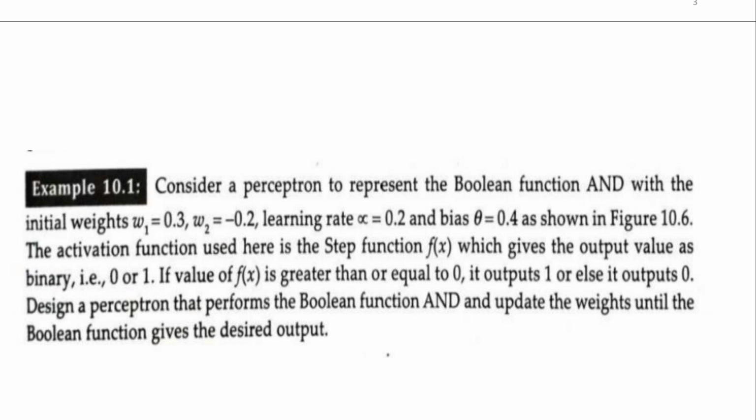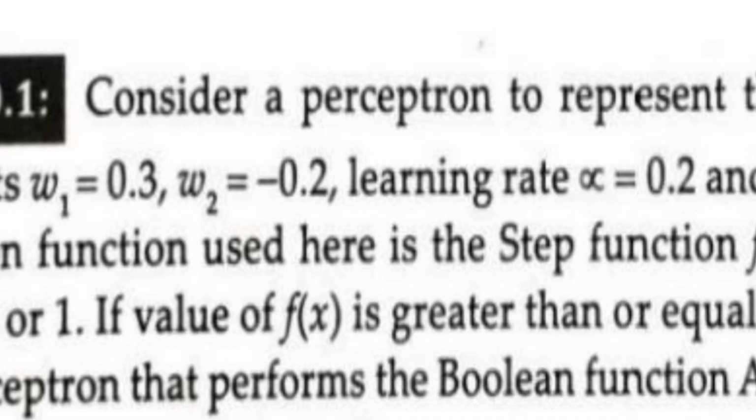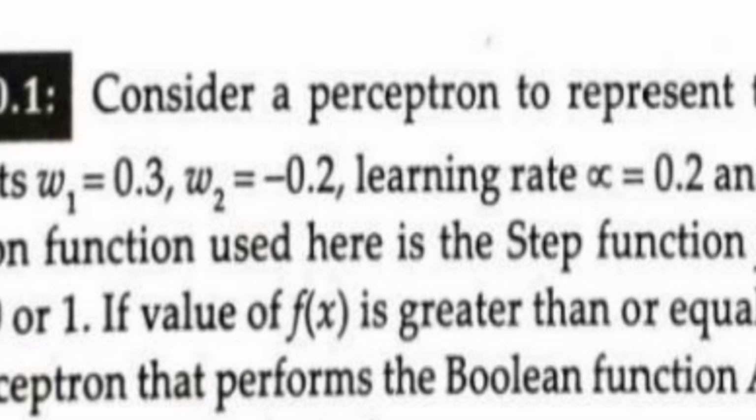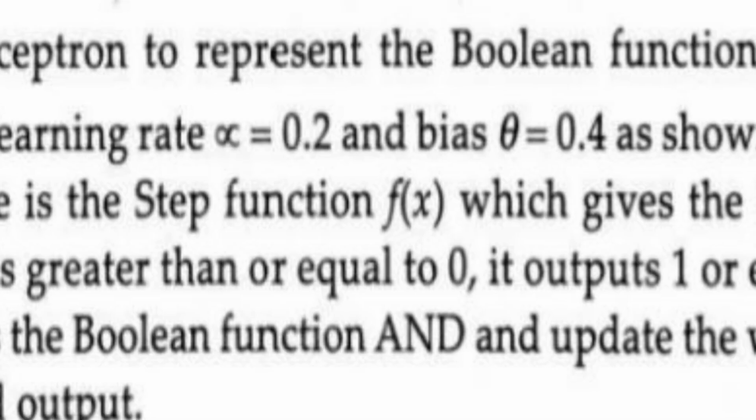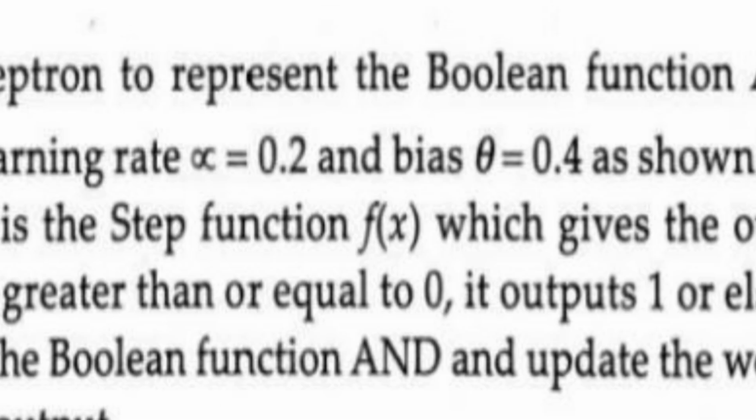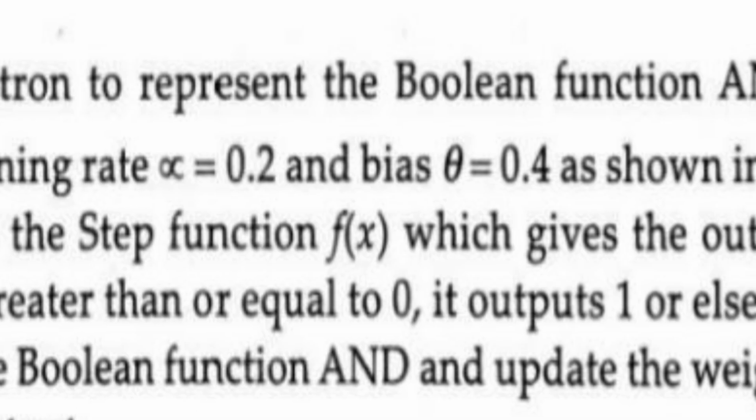As this AND gate in this example takes two inputs, we'll start with initial weights, that is, W1 equal to 0.3 and W2 equal to 0.2. For this experiment, you can keep the learning rate alpha as 0.2 and bias theta equal to 0.5.